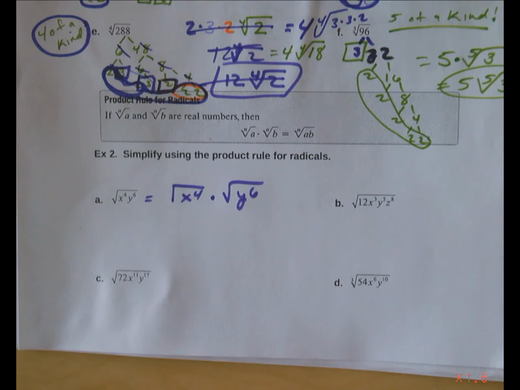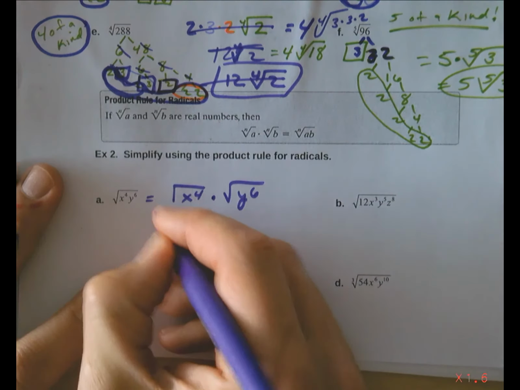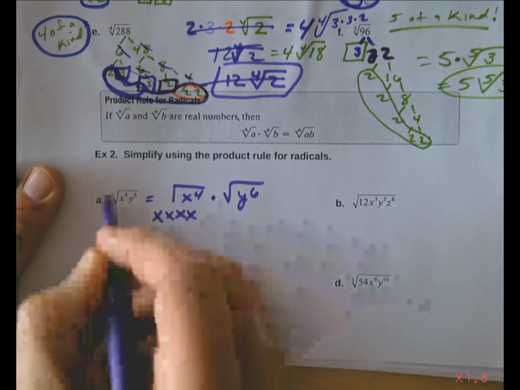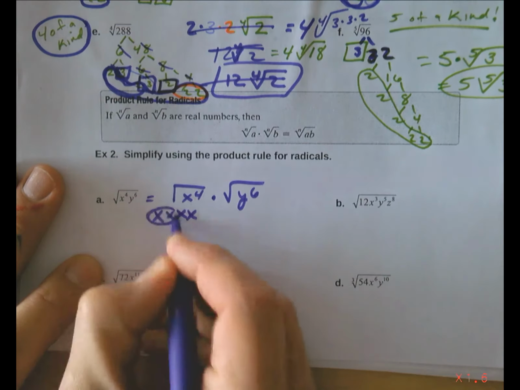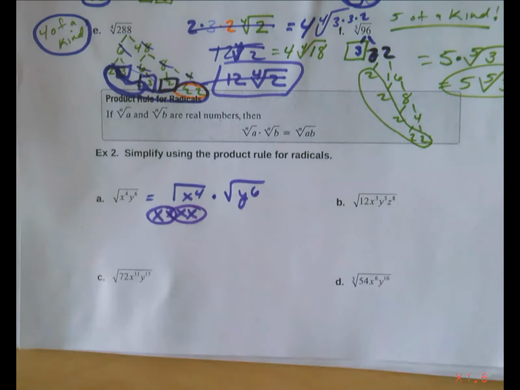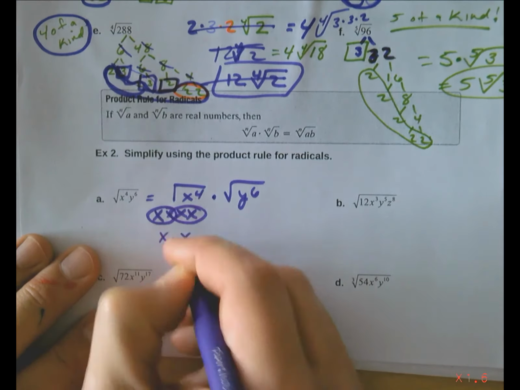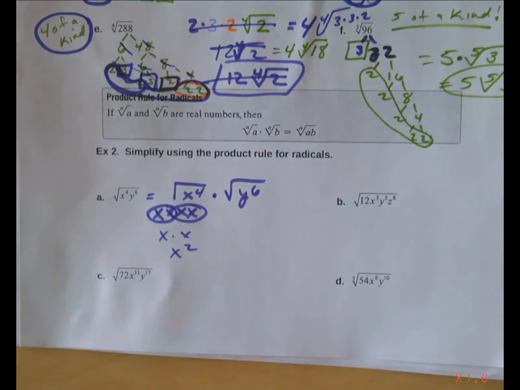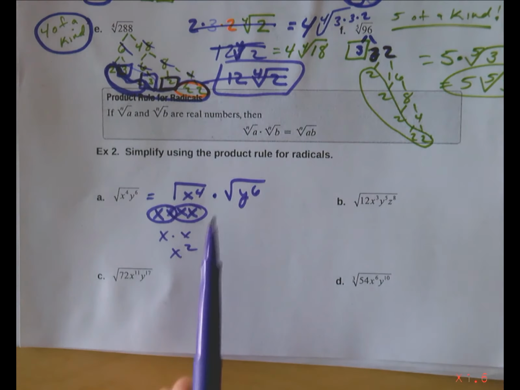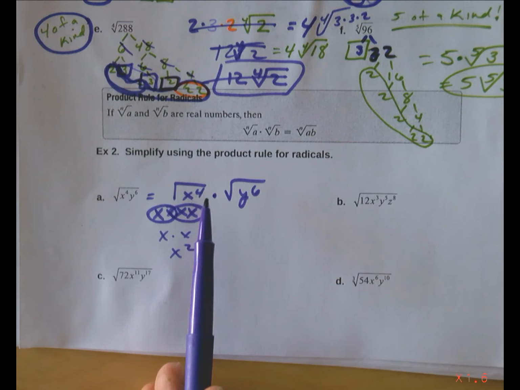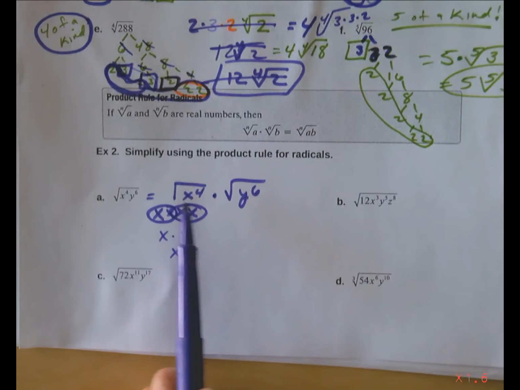All right, if you need to, we talked about, well, you could write out all of these x's. And yes, we are looking for 2 of a kind. 1, 2. So I got x times x, which is x squared. So that's what we're doing. Now, what's the little trick we talked about on Thursday and Friday when I have a square root of x to the fourth, what are we doing to get x squared, basically?